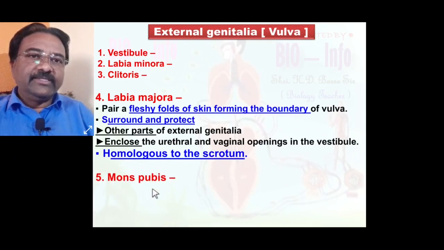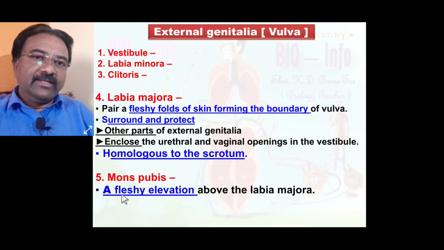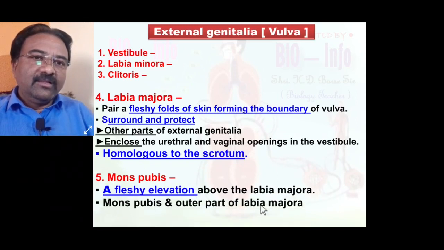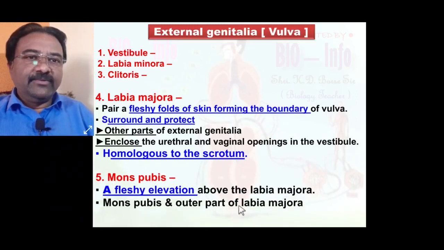Mons pubis is the last part of the vulva. It is a fleshy elevation above labia majora. Mons pubis and the outer part of labia majora show pubic hairs.